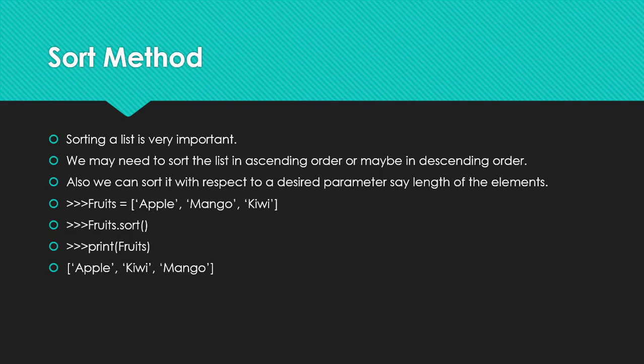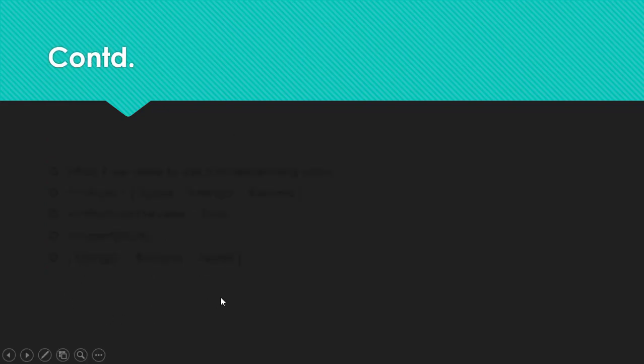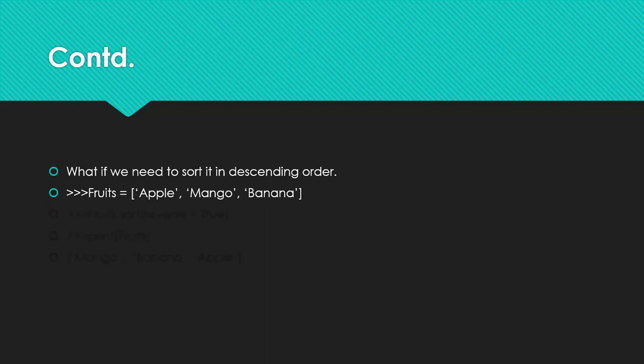Let's now see how we can do it if we want to sort the list in descending order. fruits is equal to apple, mango, banana, the same list. Then what we have to do here is fruits, the name of the list, dot sort. Then inside the parentheses, we have to write reverse equal to true. That means we want to sort the list in reverse order. By default, if we are not passing any argument inside the parentheses, reverse is equal to false.